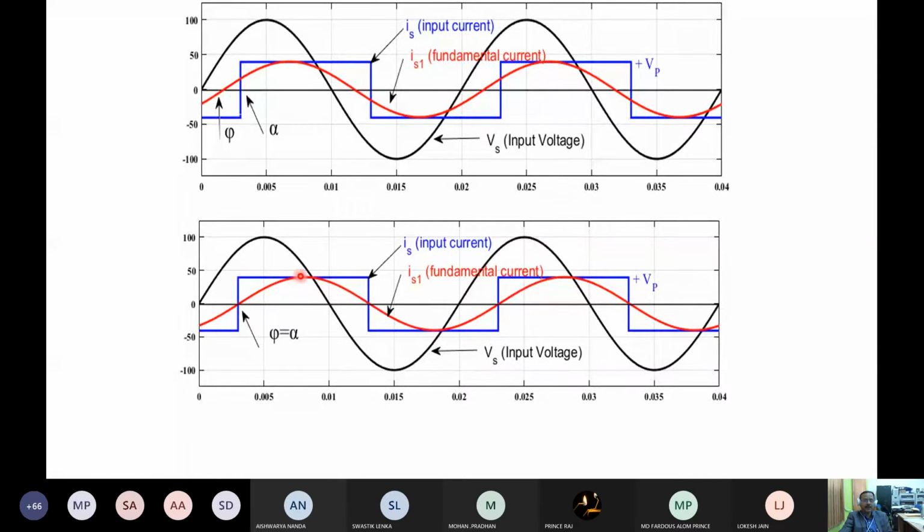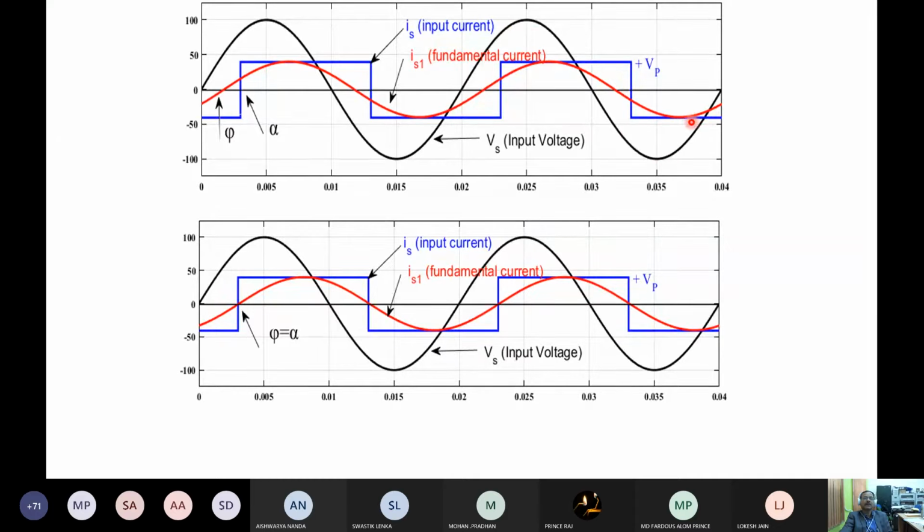This peak will be higher than the peak of the square wave, right? This is assumed that the load current is continuous and ripple free. Then the input current will be a square wave. So the source voltage is sinusoidal always.